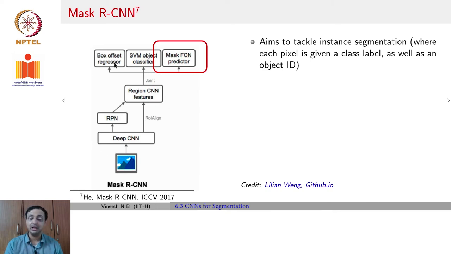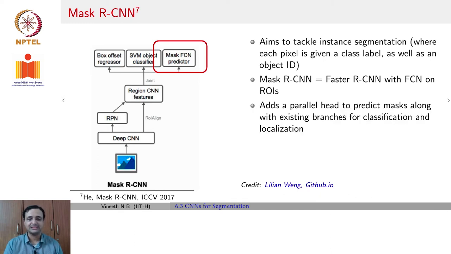Mask RCNN was proposed in ICCV of 2017, and it uses a faster RCNN like architecture but adds a branch to also mask out and get instance level segmentation. So you could look at mask RCNN as faster RCNN with FCN on the regions of interest.